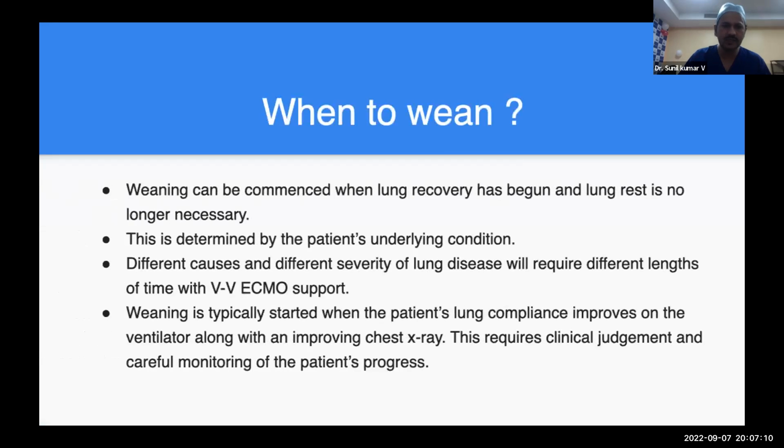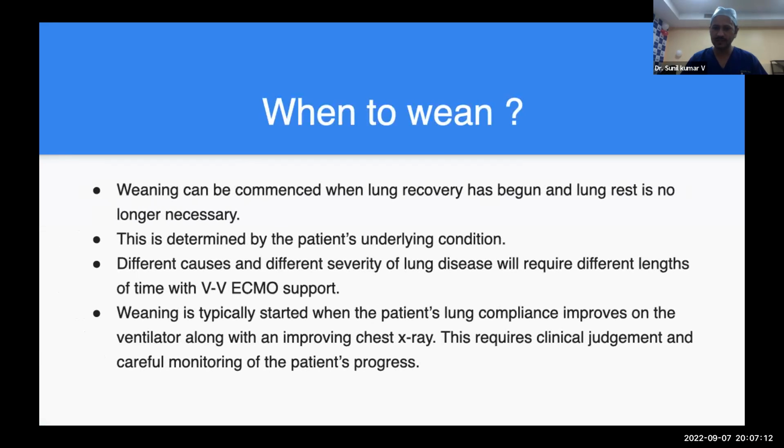So when to wean? Weaning can be commenced when lung recovery has begun and lung rest is no longer necessary. This is predominantly determined by the patient's underlying condition. Different causes and different severity of the lung disease will require different lengths of time with VV ECMO support.